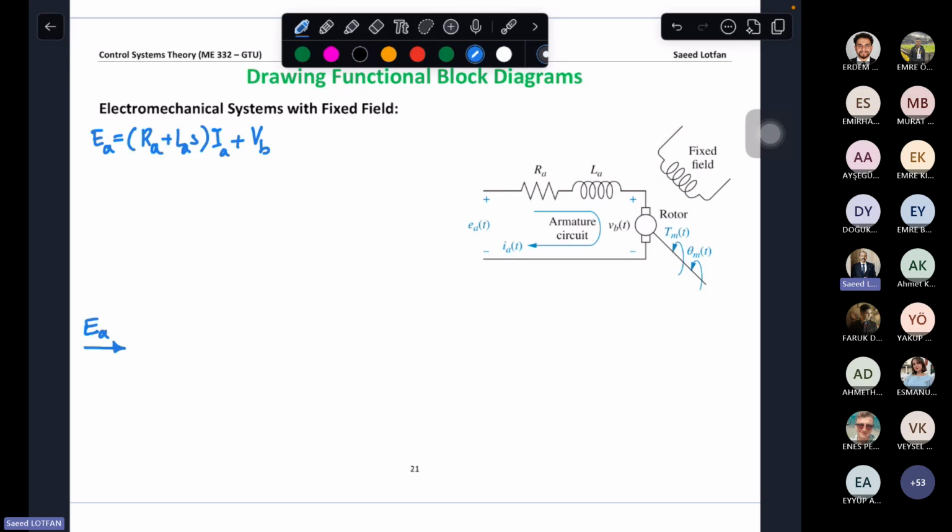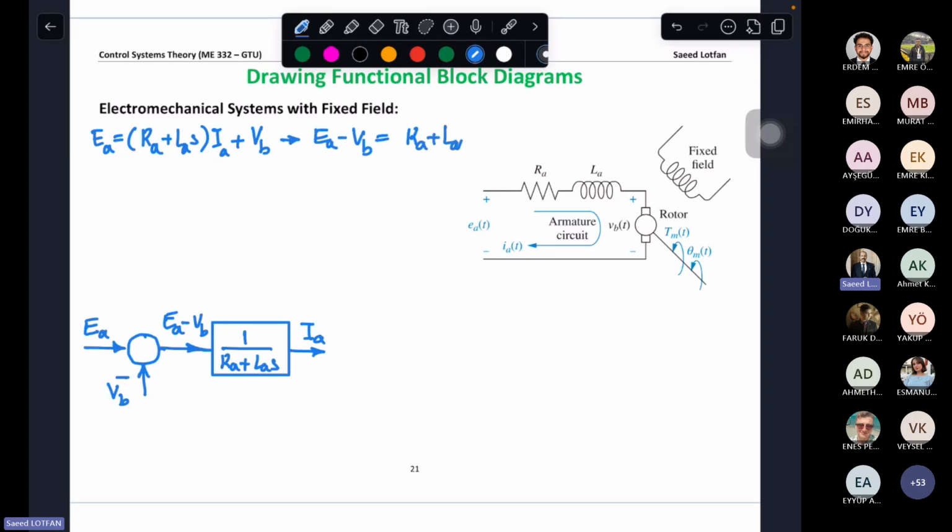Then I need minus VB to get EA minus VB, and multiply it by 1 over RA plus LAS, and I get IA. This is the blue relationship: EA minus VB is equal to RA plus LAS multiplied by IA.